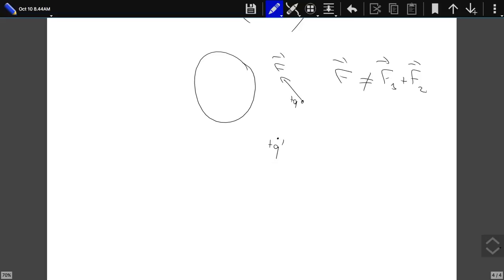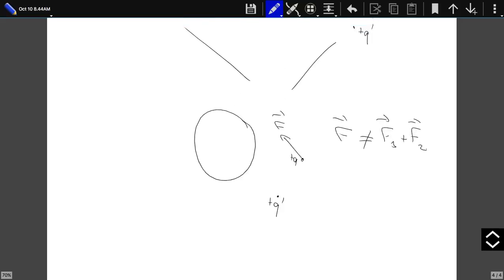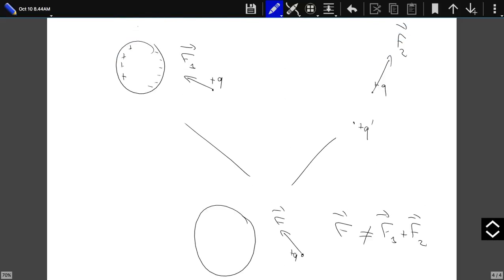But we should take the charge at every point in space. When we take the sphere as a whole, we don't know the charge distribution. The key word is the charge distribution. The problem is F1 is determined by one charge distribution created by plus Q only.